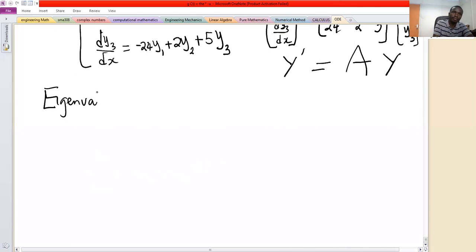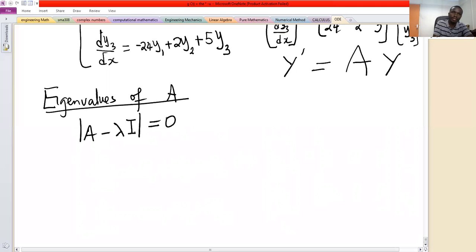the eigenvalues of the matrix A. Remember, we need to solve the determinant of A minus lambda I equals 0. A is given by the matrix 0, 1, 0; 0, 0, 1; minus 24, 2, and 5.